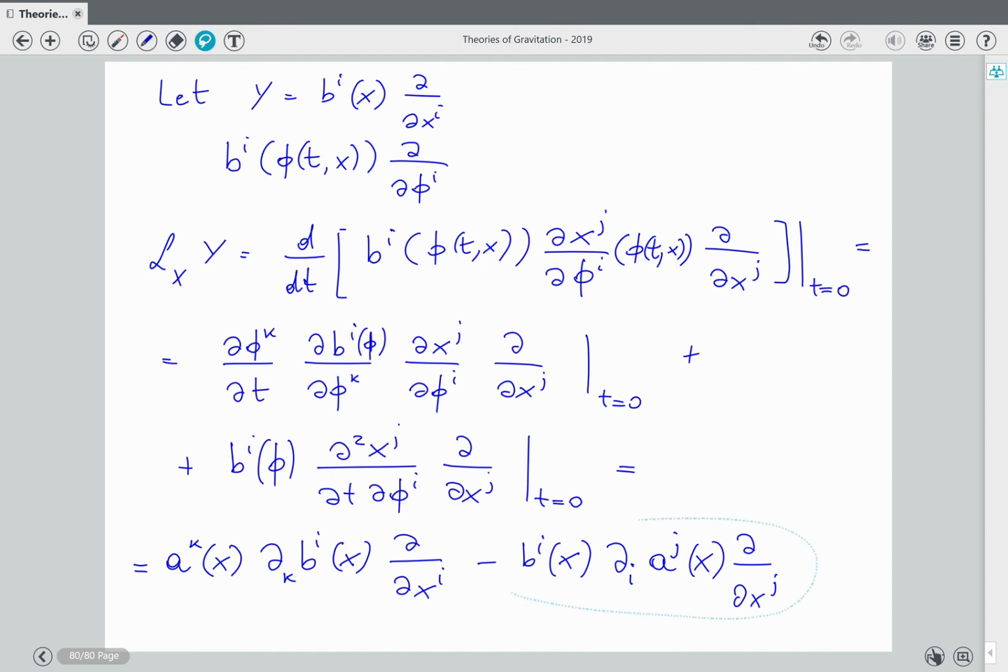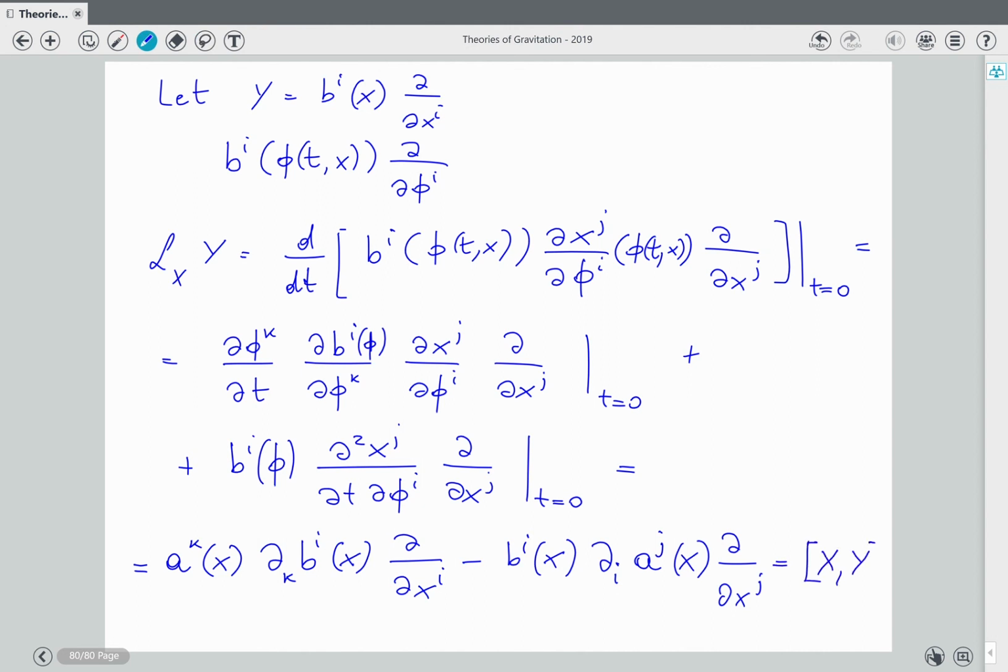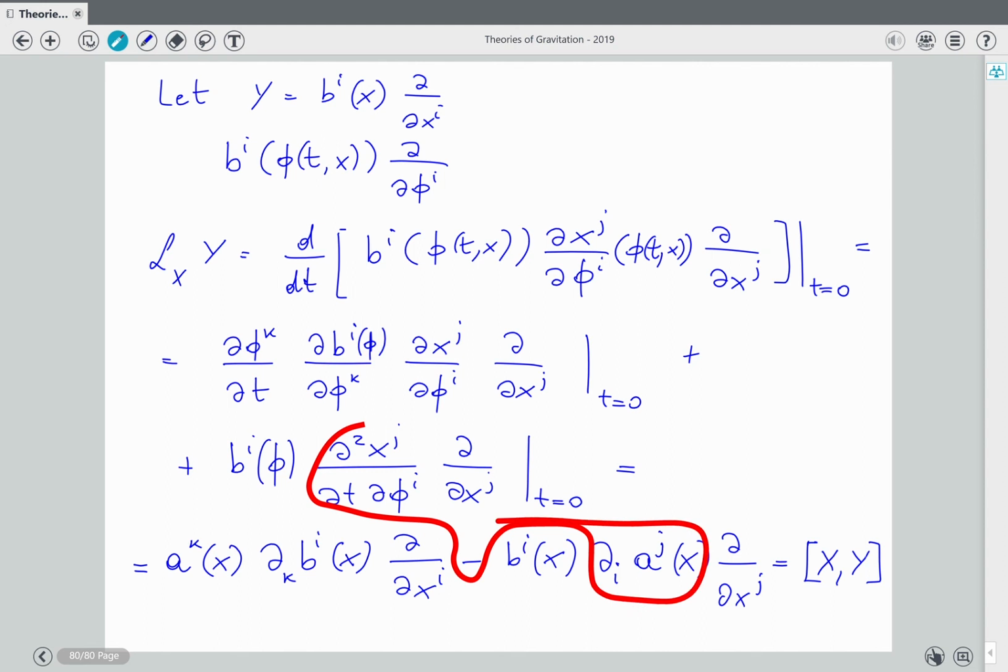And we do obtain the commutator. So what we want to prove is that this object, when t goes to 0, goes into that object, minus partial_i a_j.